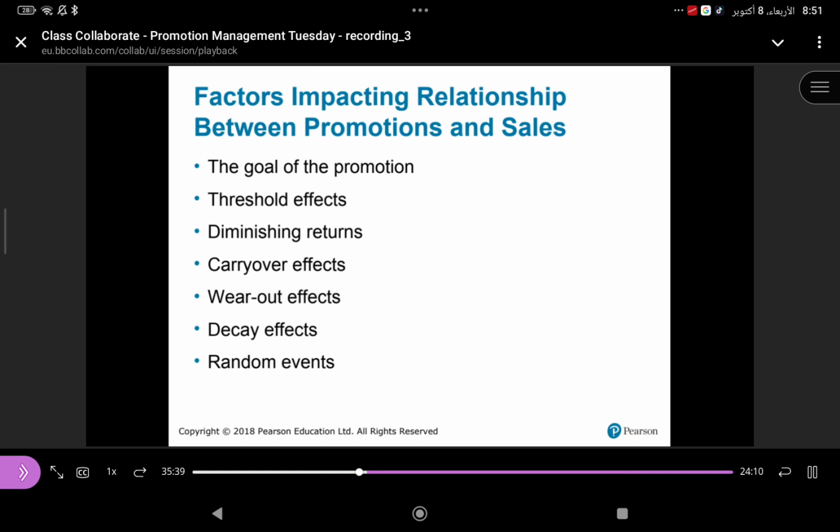Most of the companies focus on brand strength and customer loyalty, where they try to focus on what kind of sales they are getting.